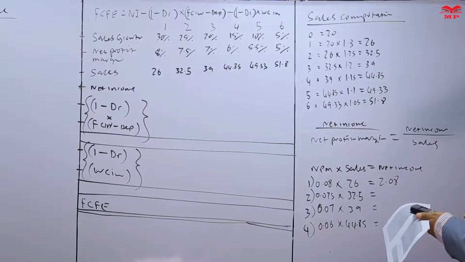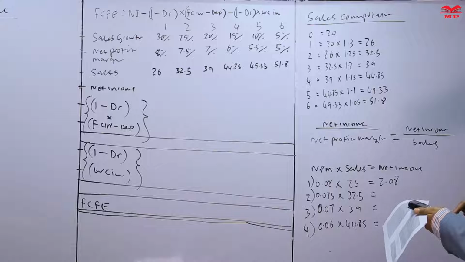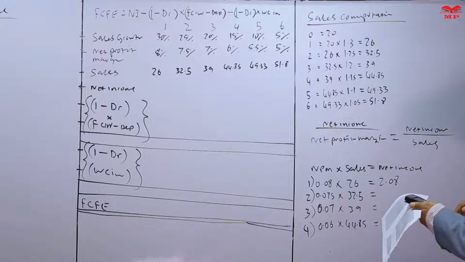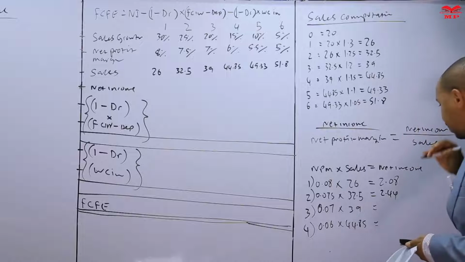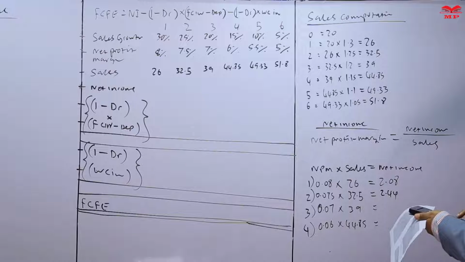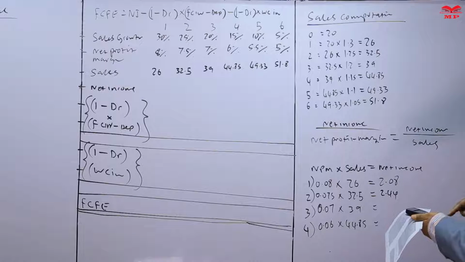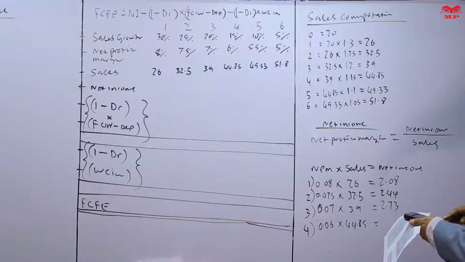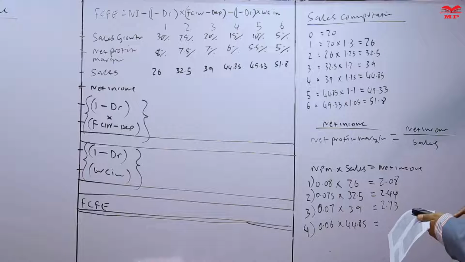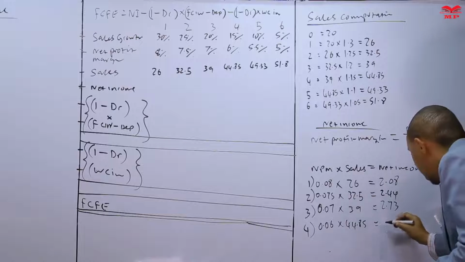0.075 multiplied by 32.5, 2.44. Then 0.07 multiplied by 39, 2.73. Then 0.06 multiplied by 44.85, 2.69.